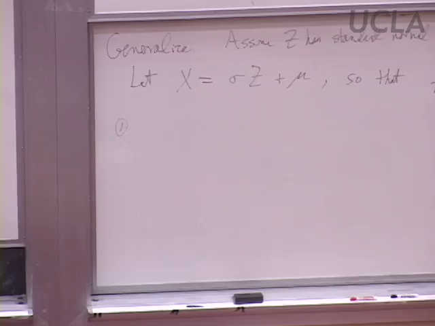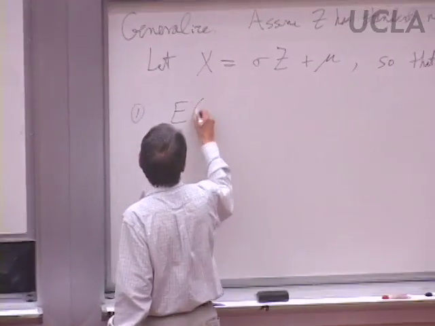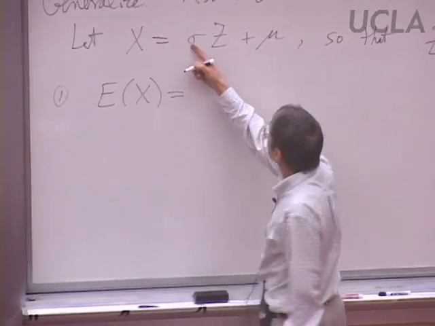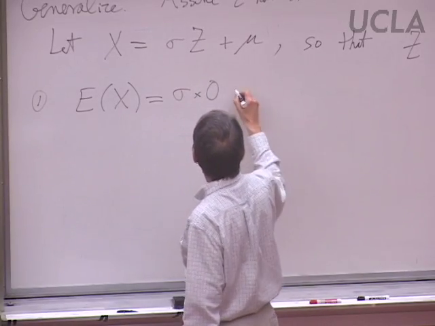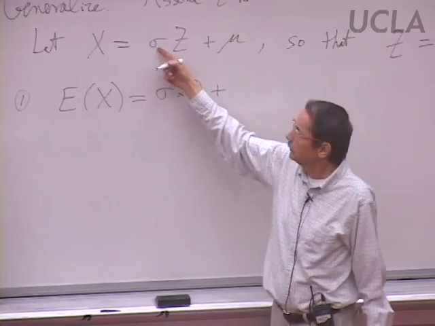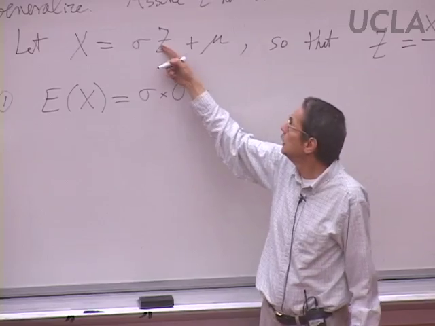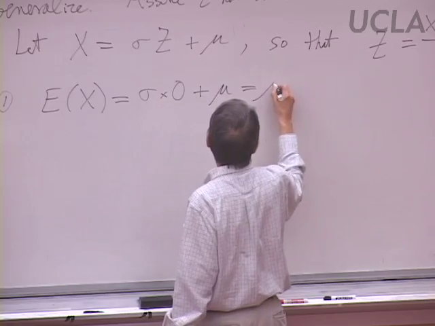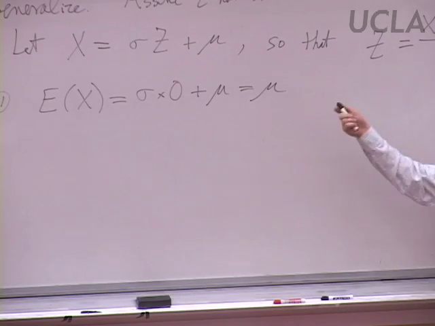Looking at it, we know what the mean of x is. The expected value of x is sigma times the expected value of Z, but Z has mean 0, plus the expected value of this constant. Expected value of x is mu, that's why I use the letter mu.